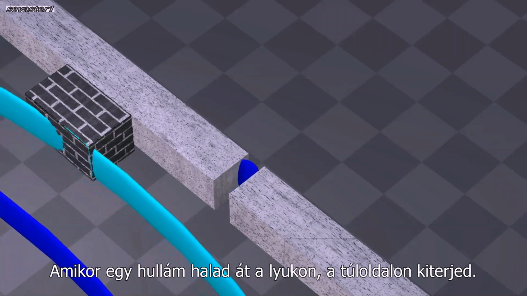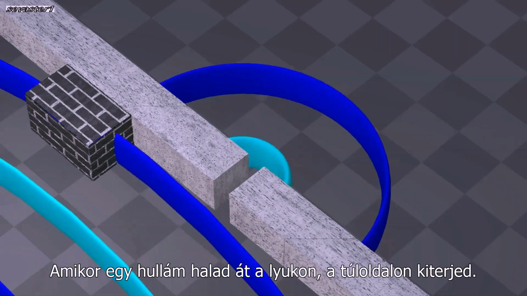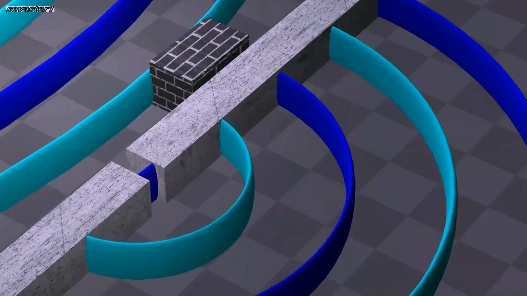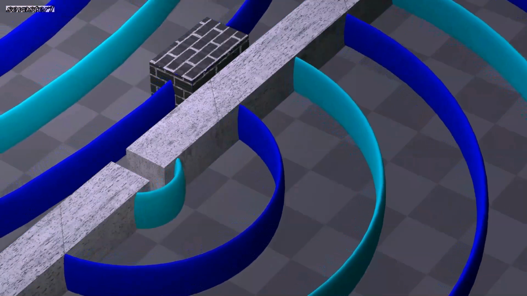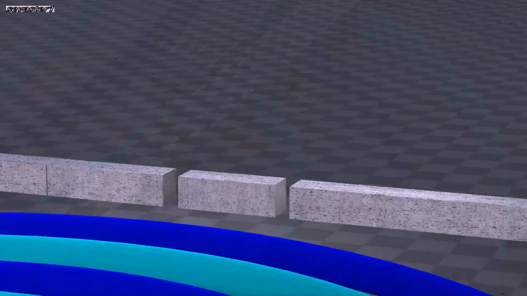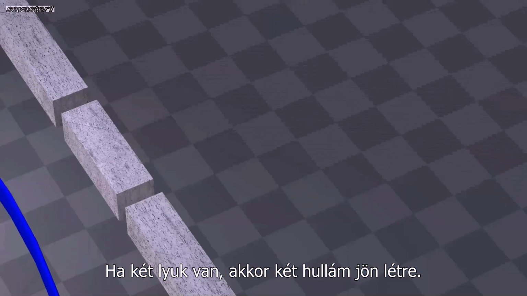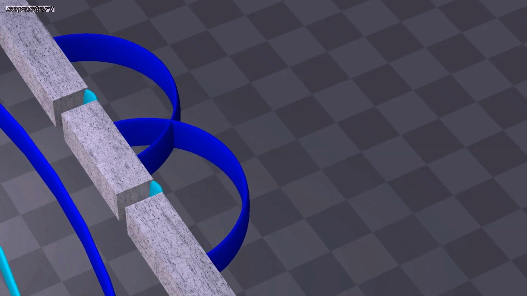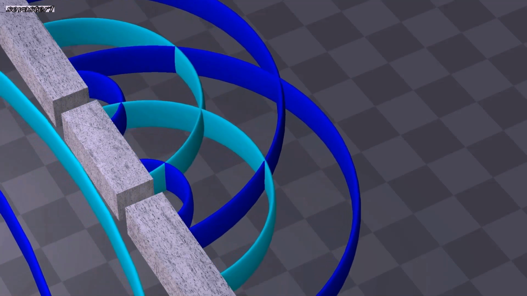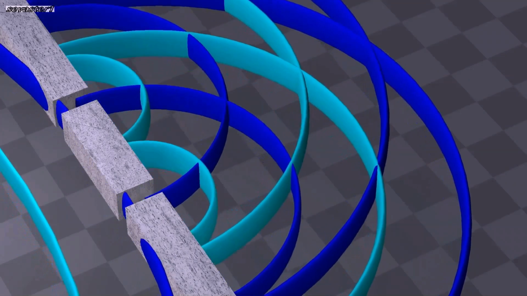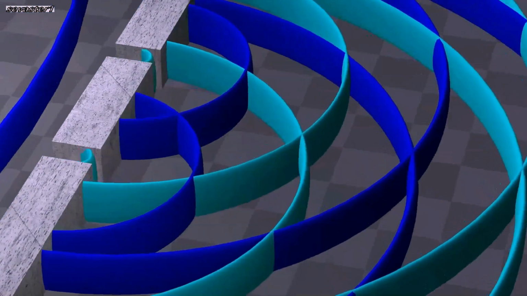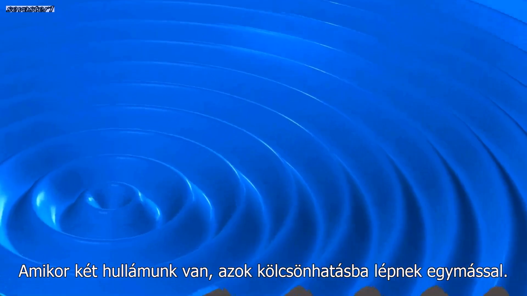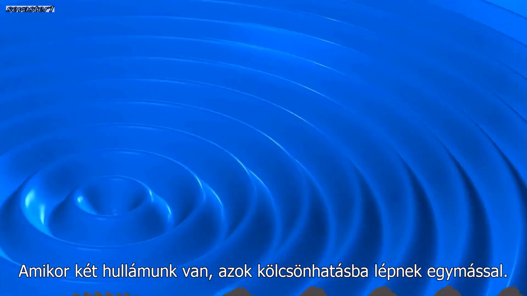When a wave passes through a hole, it spreads out on the other side. If there are 2 holes, 2 waves are produced. When you have 2 waves, they interact with one another.